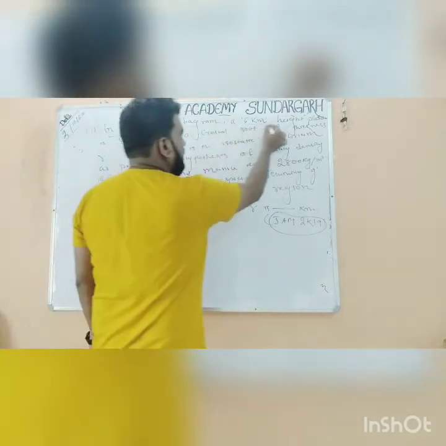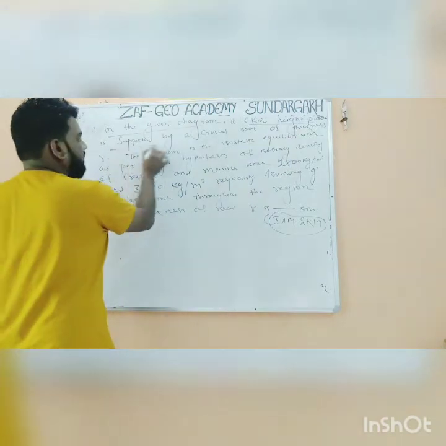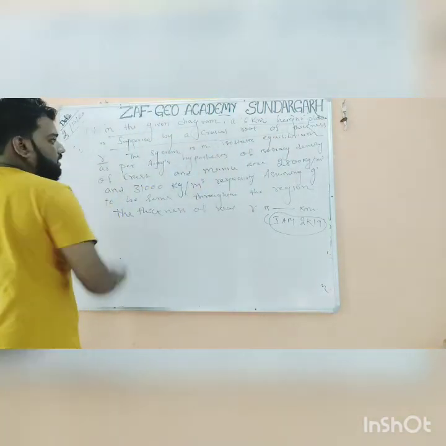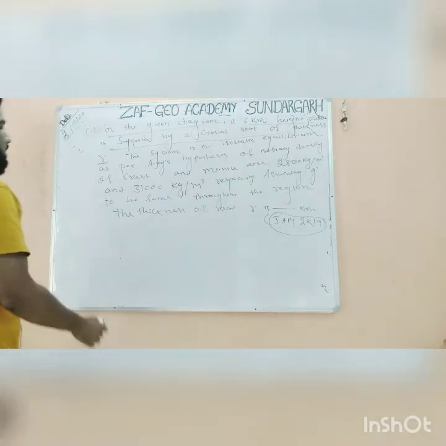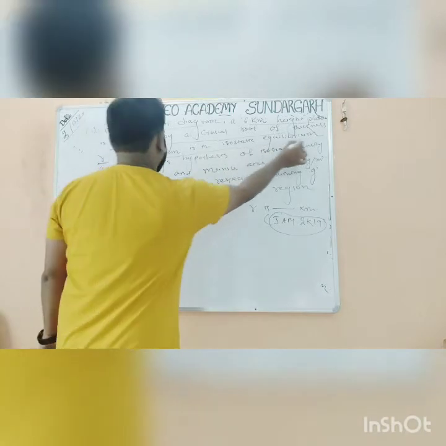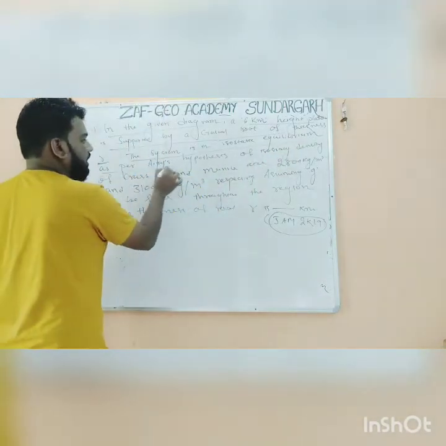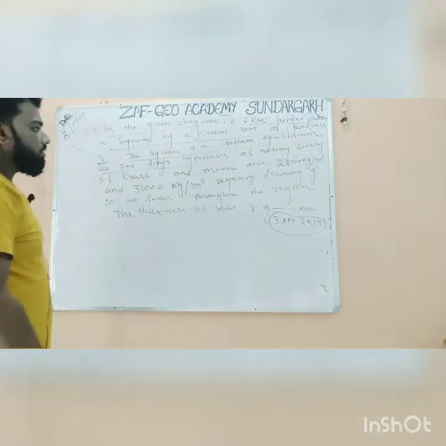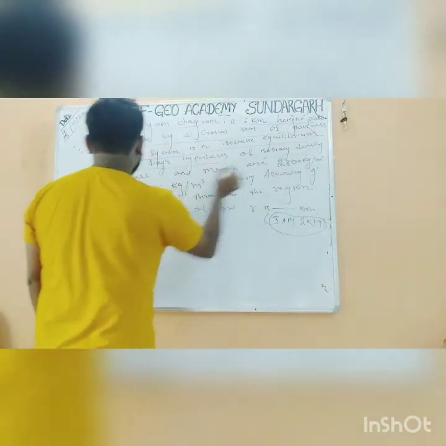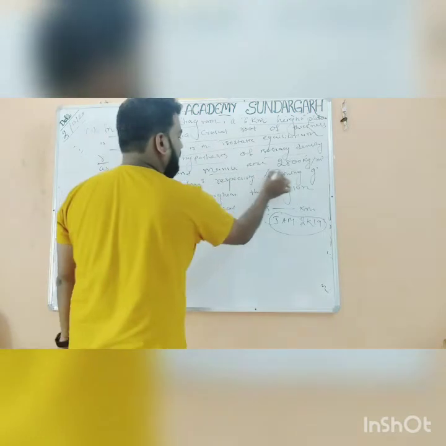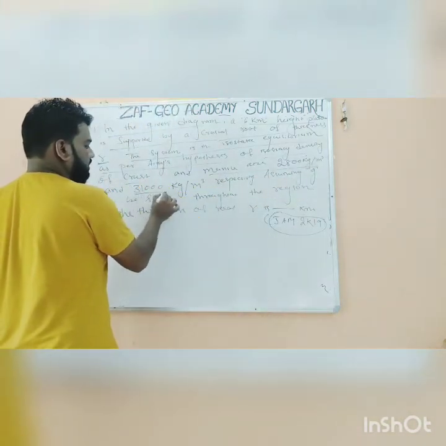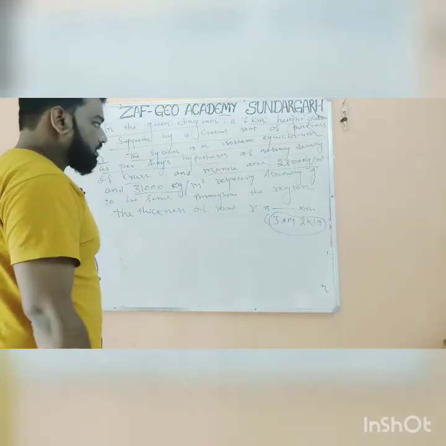A 6 kilometer high plateau is supported by a crustal root of thickness R. The system is in isostatic equilibrium as per Airy's hypothesis. The densities of crust and mantle are 2800 kg per meter cube and 3100 kg per meter cube respectively.